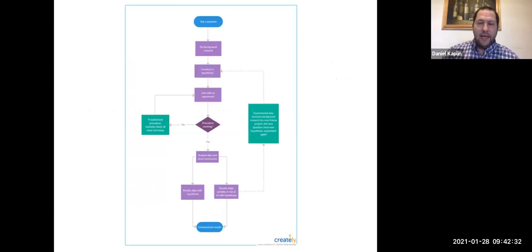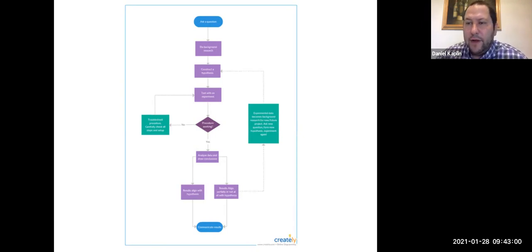So here, again, here's a flow chart, and again, it cascades, right? So you ask a question, and you do the background research, you develop a hypothesis, you test the hypothesis, and then it goes through a filter, pardon me, and it goes yes, no, and then there are multiple decisions to make along the way.